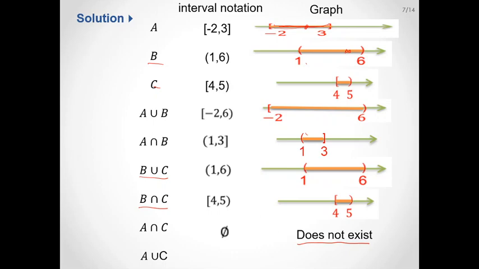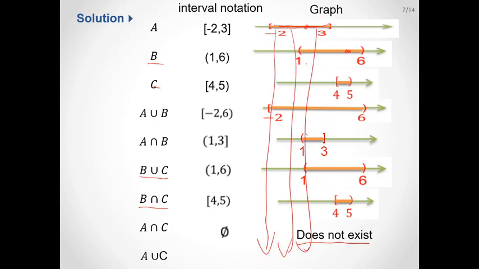Then when we say the A union B, you are taking all the elements of A up to 3, and then A union C. Then there's a jump here. When there's a gap, nothing is here, and then it starts from 4.